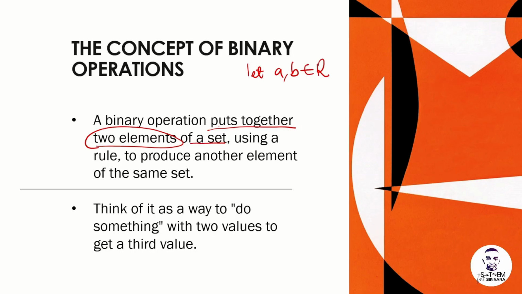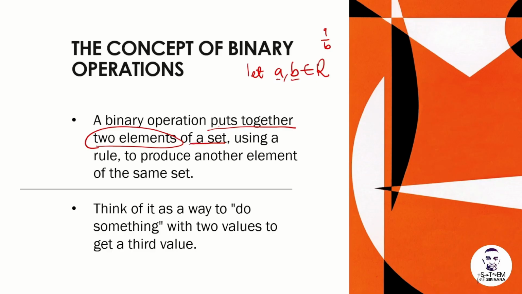We know real numbers are numbers that encompass positive or negative whole numbers, which are integers. It consists of rational numbers, which are in the form A over B. It also consists of irrational numbers and then whole numbers. Right, so two elements, we are using A and B to represent those two elements. And we say that those two elements belong to a set. So we say it's a set of real numbers.